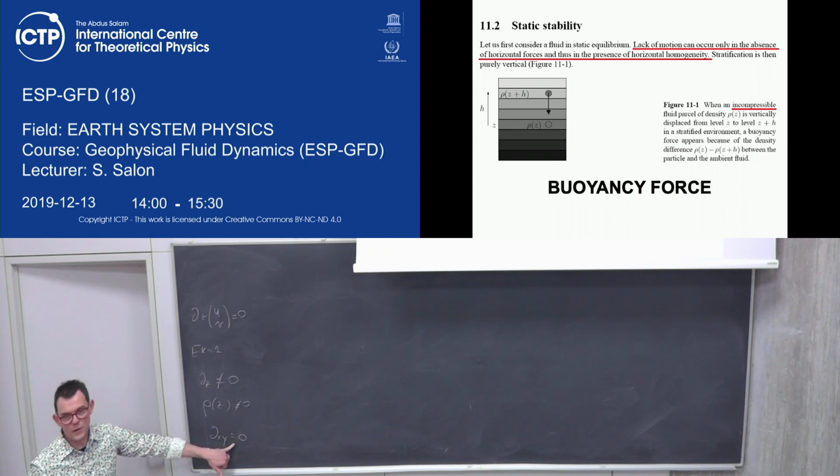So we are allowed, at least for the beginning, to consider only what happens along the vertical, and to consider this as symmetric in the horizontal.